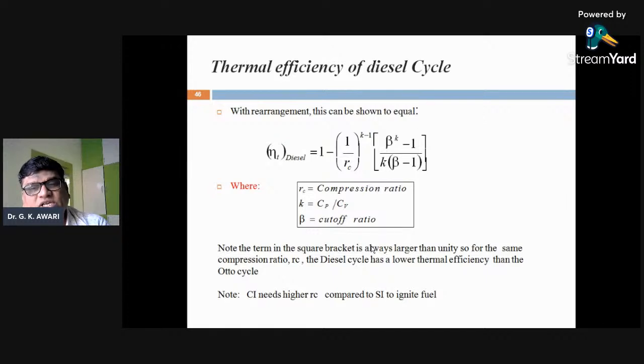So therefore, in the compression ignition engine higher compression ratios are used compared to the SI engine to ignite the fuel. Here you can find the difference.